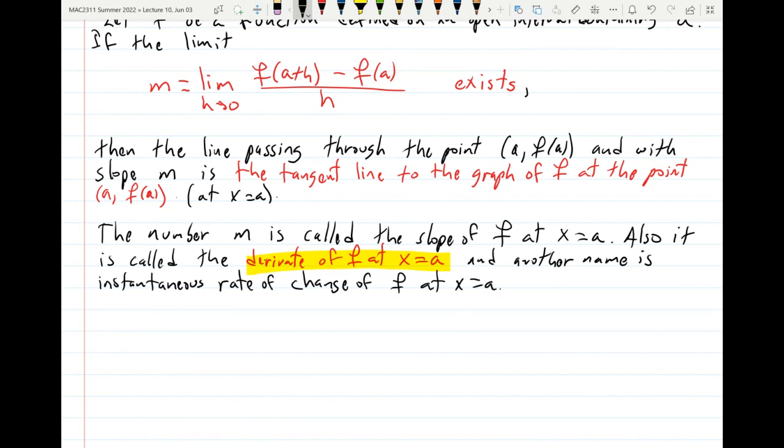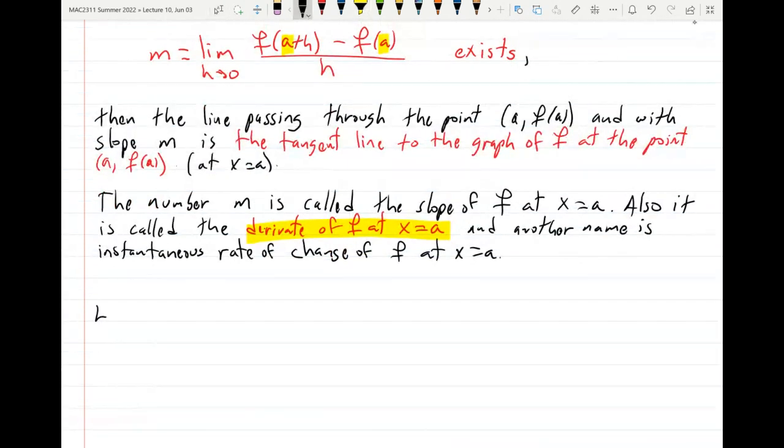Okay, all of those are synonyms. The slope of f at x equal a, the derivative of f at x equal a, or the instantaneous rate of change of f at x equal a. Notice that I'm always specifying at x equal a because this depends on the point. Okay, so this is very important.